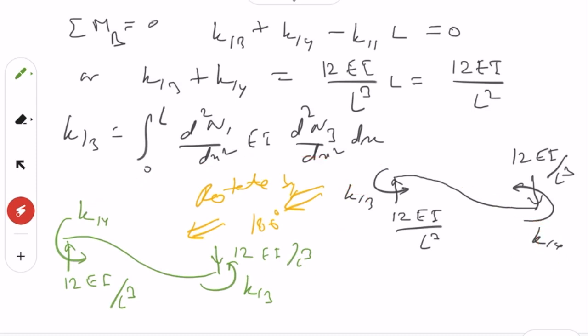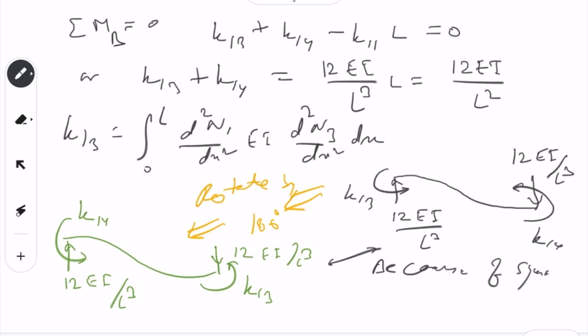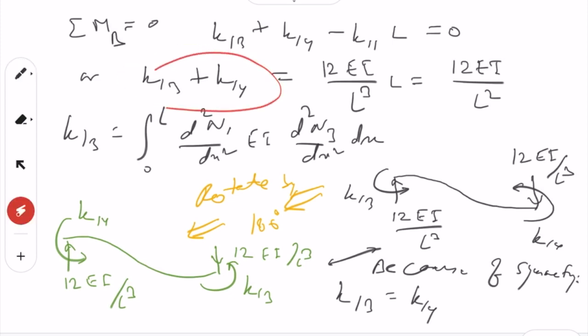What you see here in this force configuration is that this and this are basically equal, because of symmetry. So you get K13 equal to K14, but you know that K13 plus K14 is equal to this one, so you divide by 2.